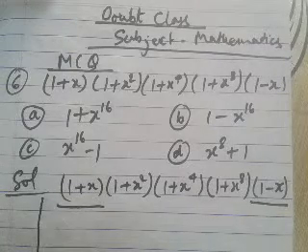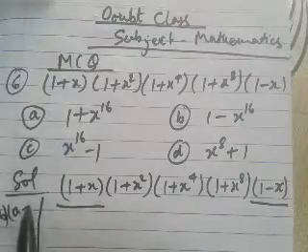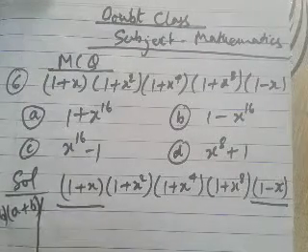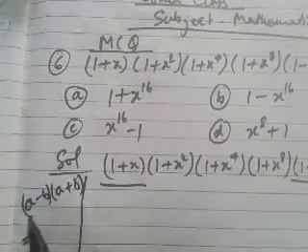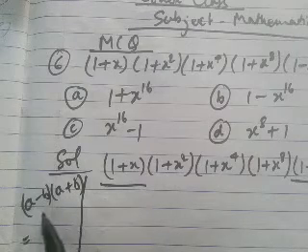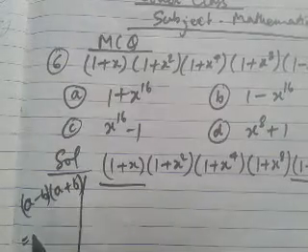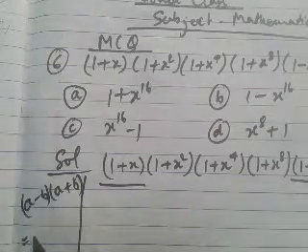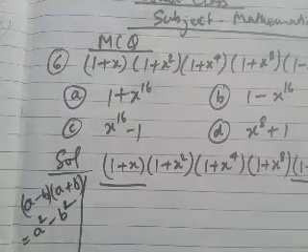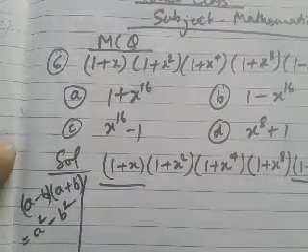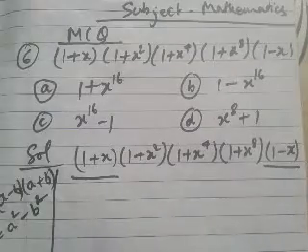If a term is written as a minus b into a plus b, then we can collectively write it according to the identity a square minus b square, and this identity will be used here to solve this problem.